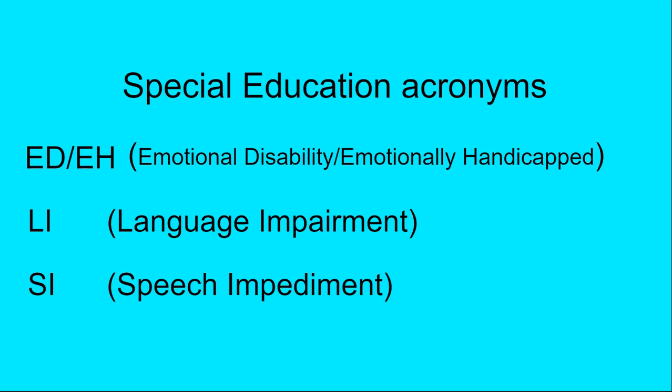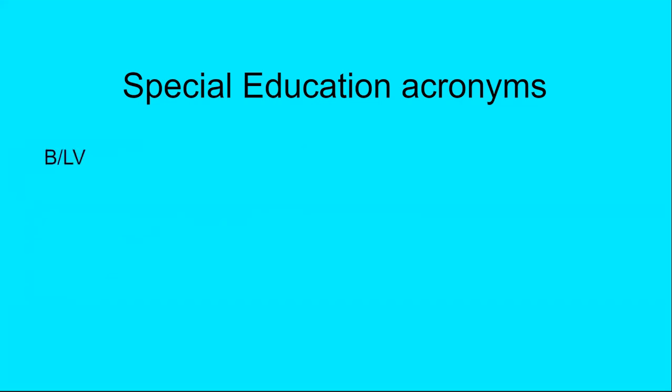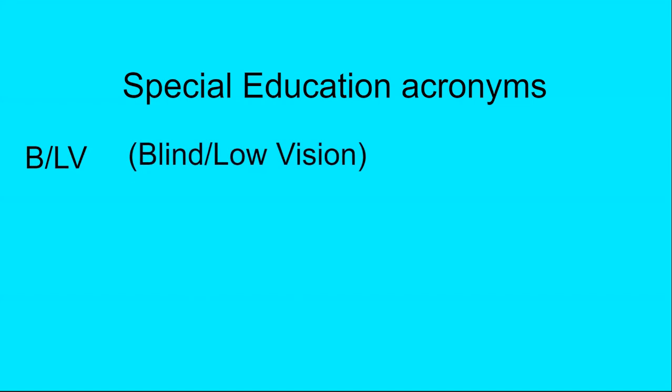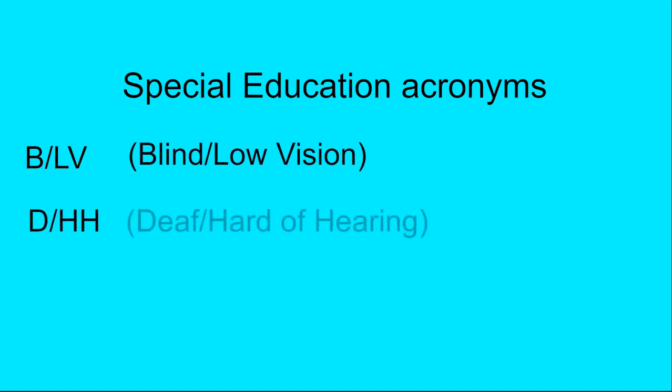And the special ed teacher who is licensed for language impairment and speech impediment, they would be the teacher of record. BLV, blind and low vision. Pretty self-explanatory. DHH, deaf and hard of hearing. Again, much like with blind and low vision, pretty self-explanatory.